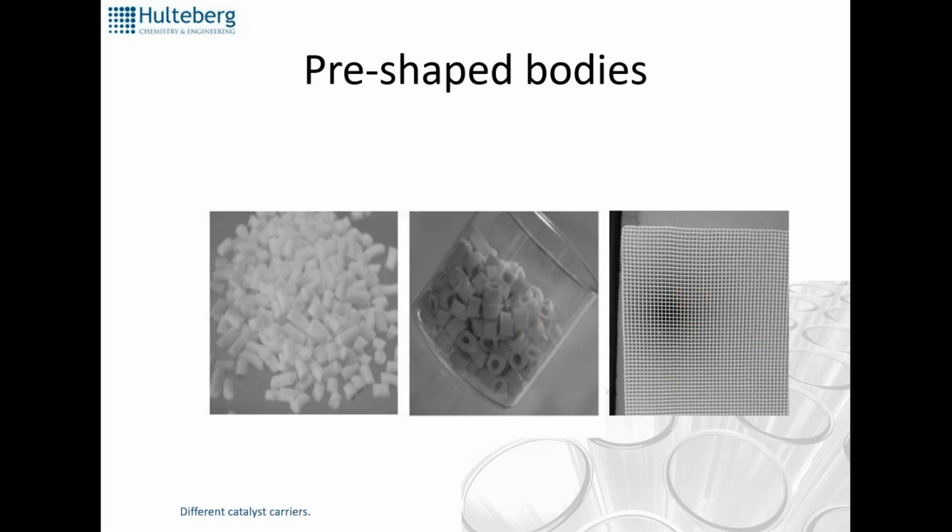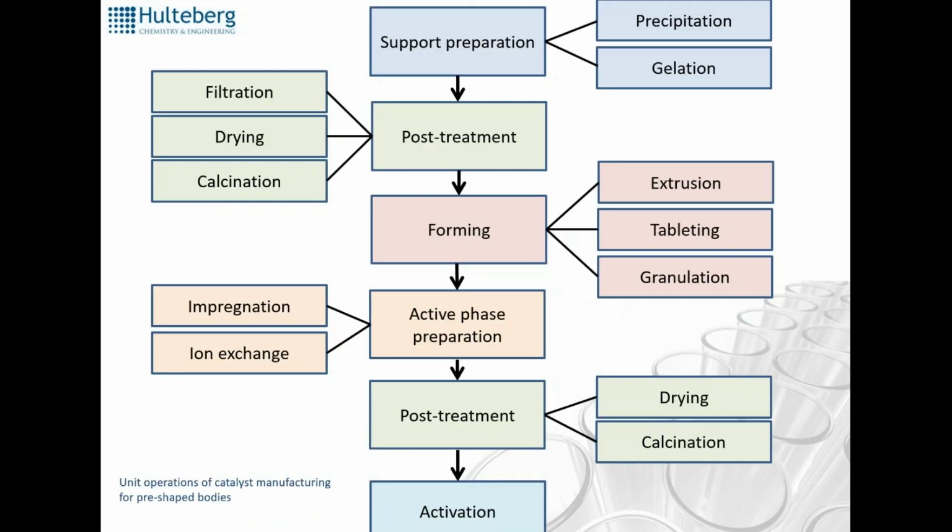And again, we need to go through the unit operations of making these pre-shaped bodies. And we again have to make the catalyst or the support. So we start by preparing the support, and it's done just as before.